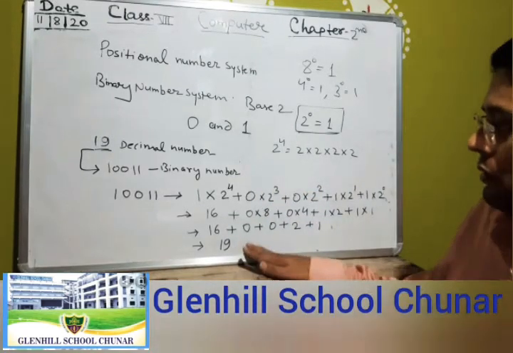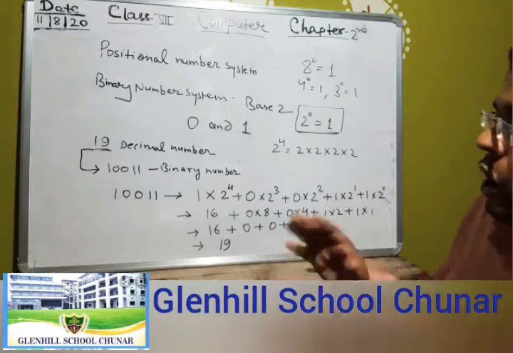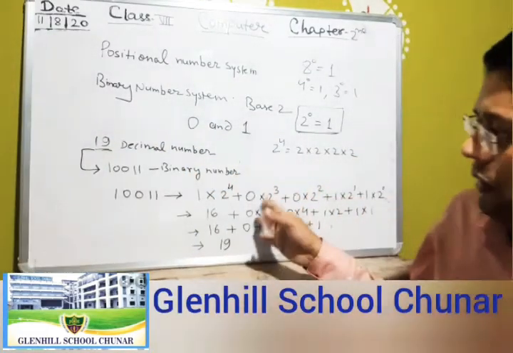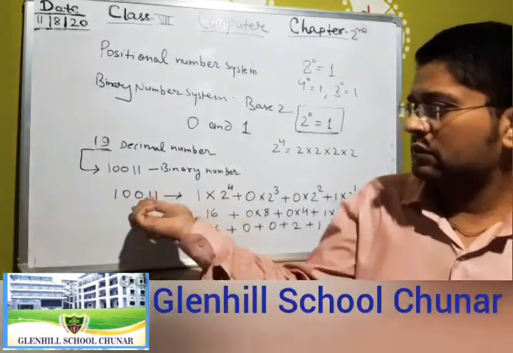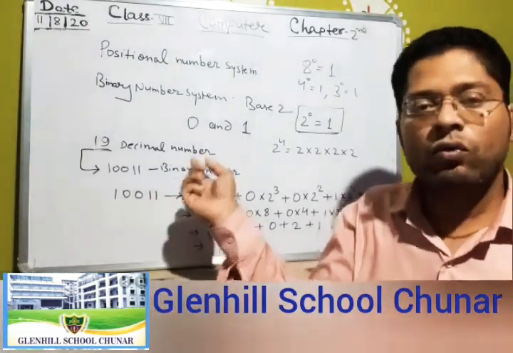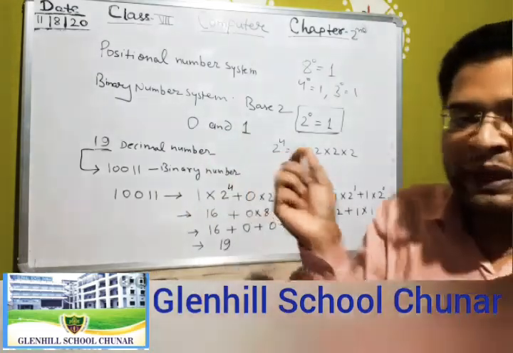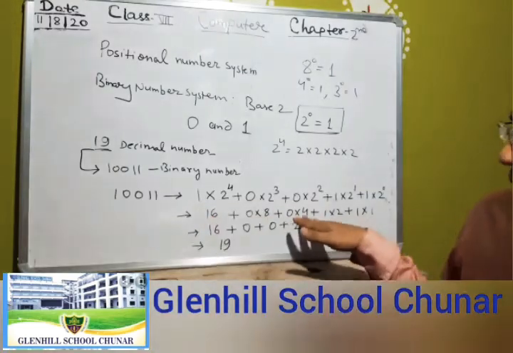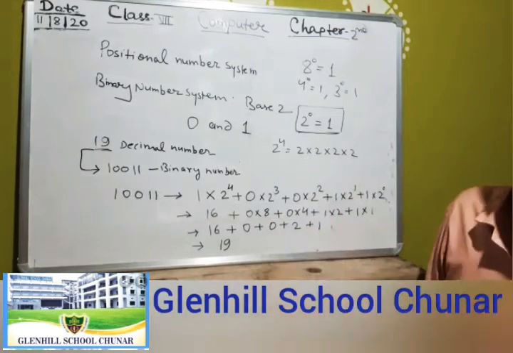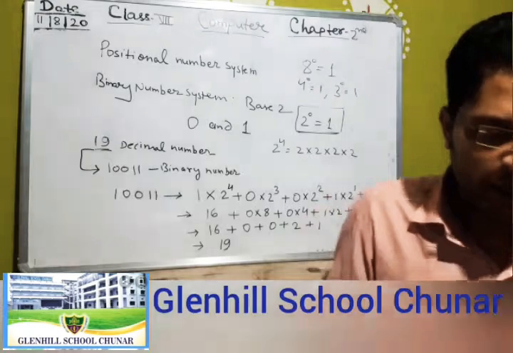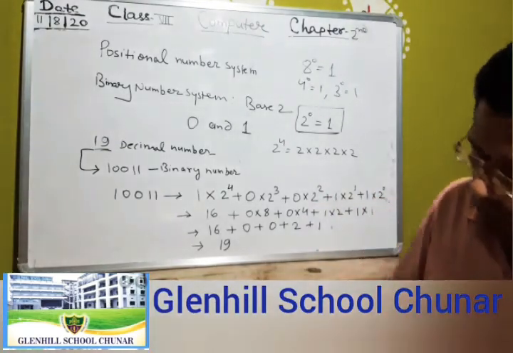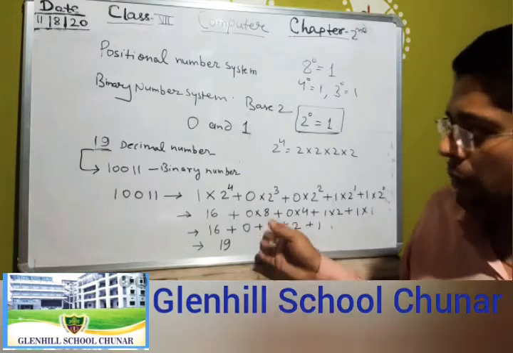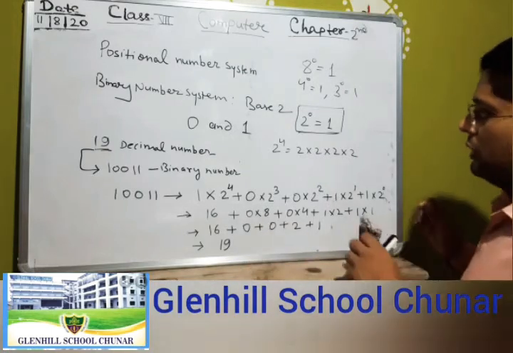Clear, student? That is how you convert between decimal and binary number. So this 10011 is a binary number, converted into a decimal number. Okay, student? Yes. So let's take another example of a binary number. Look here.